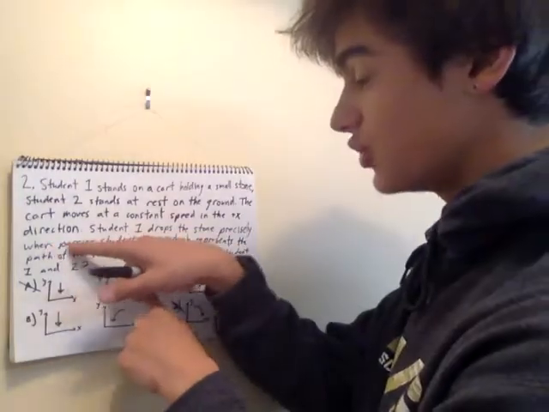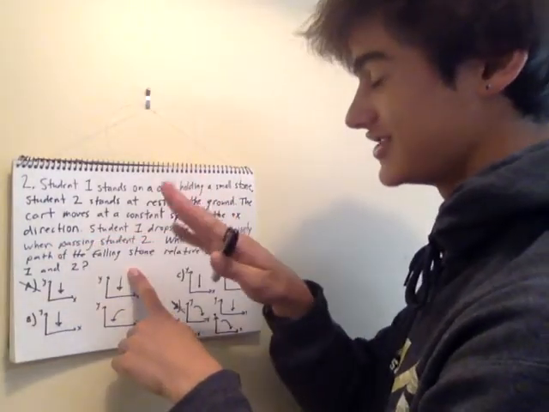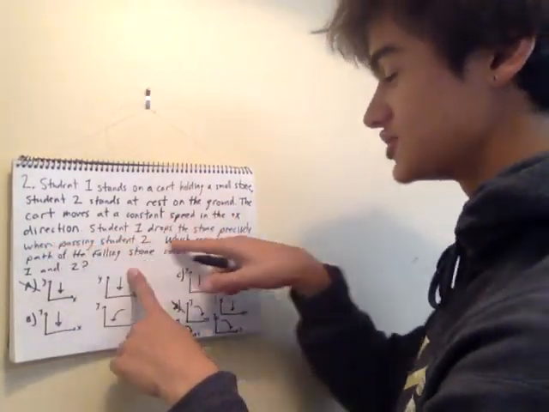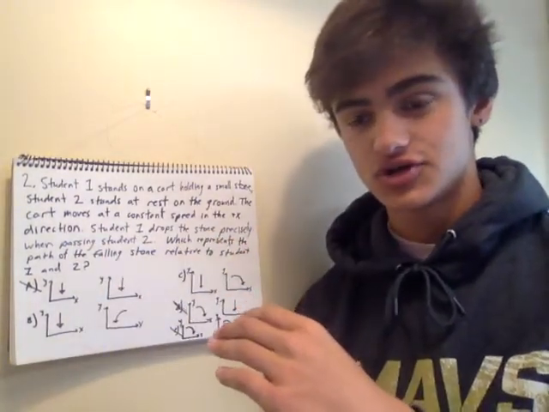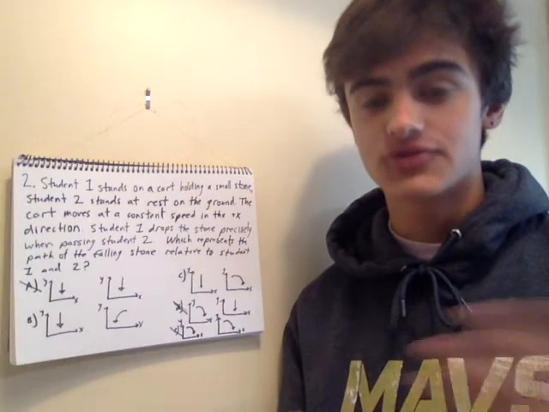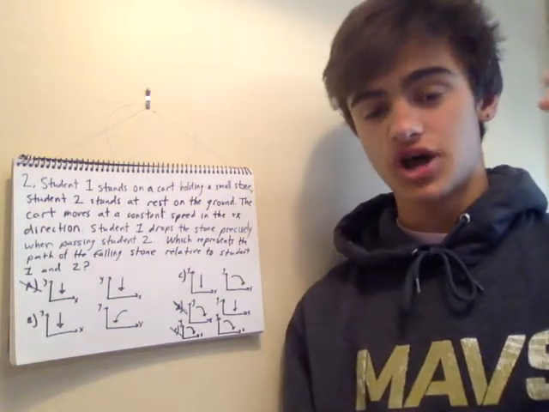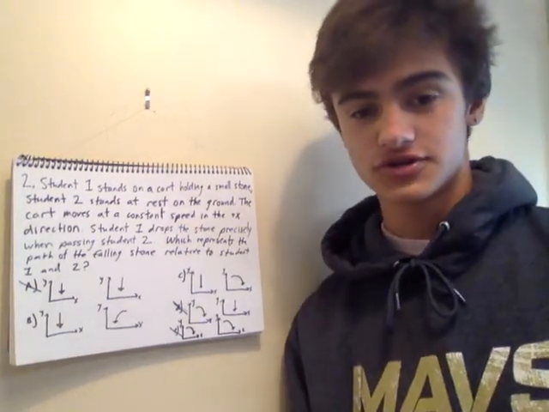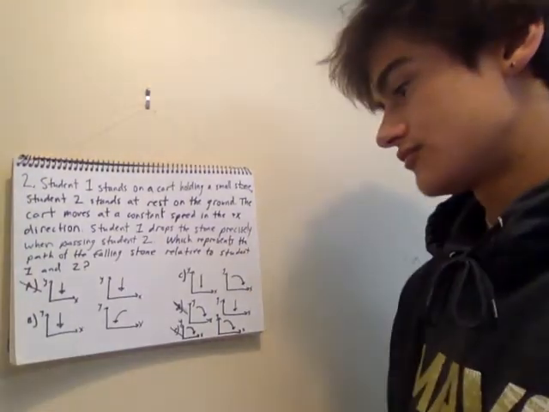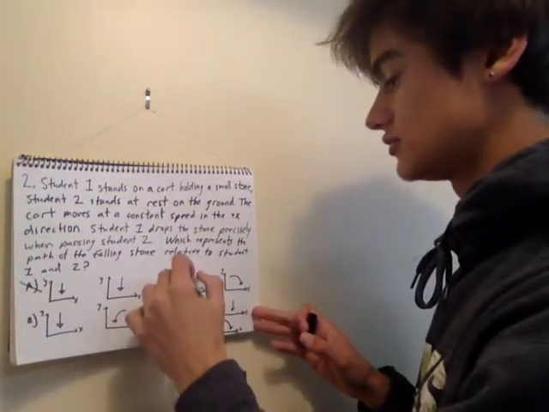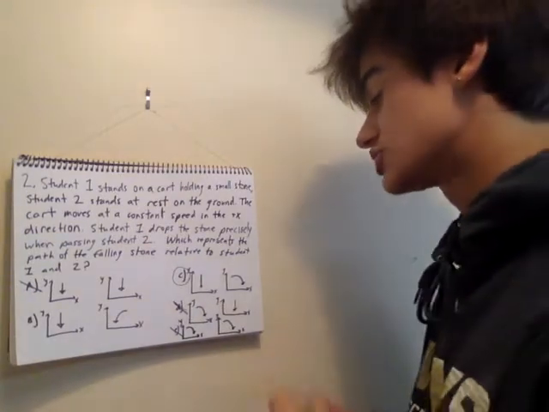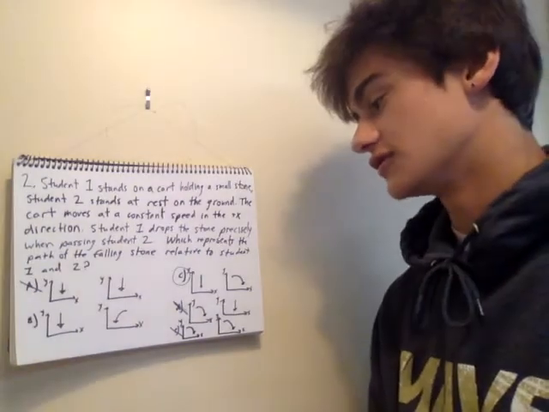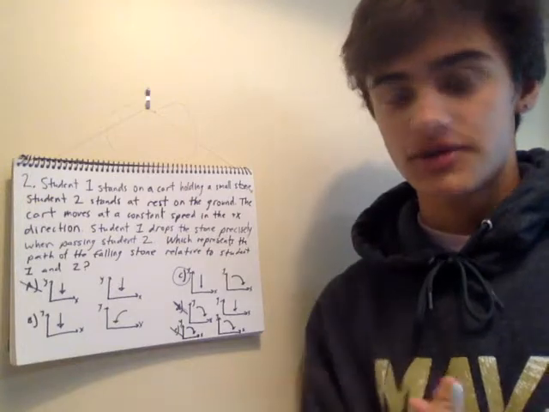So to student 2, it's going to look as if student 1 is going forwards, going past them. It's going to be the same thing with the rock, because the rock is being dropped, but it's starting out going forwards. So it's going to be C, because to student 2, it's going to look as if the rock is falling forwards.